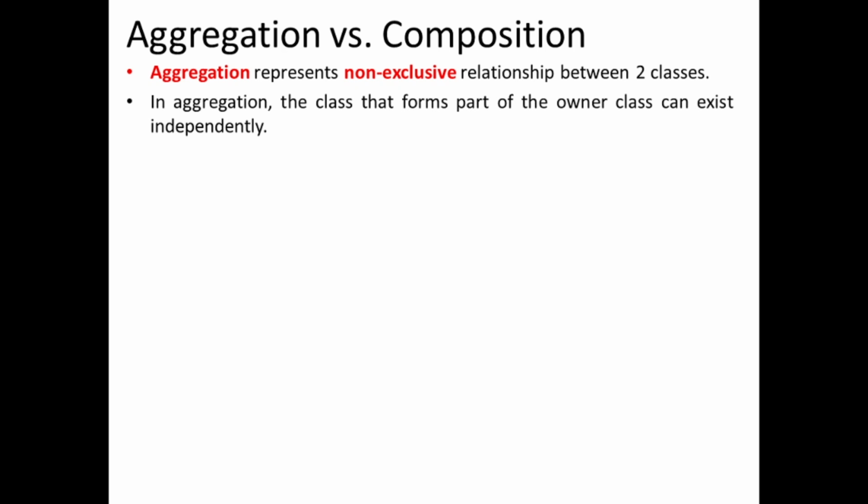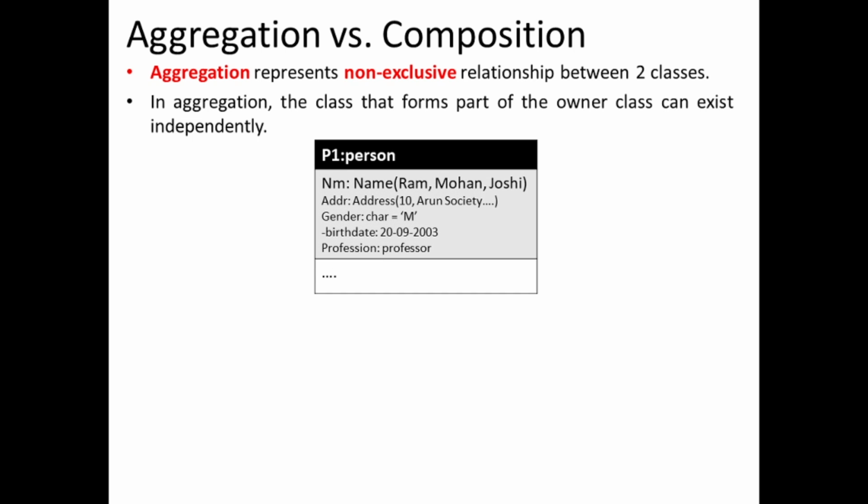Aggregation versus composition. Let's see the difference between these two. Aggregation represents a non-exclusive relationship between two classes. It means independent. In aggregation, the class that forms part of the owner class can exist independently. Let's take an example. Suppose P1 is a person object related to the person class.